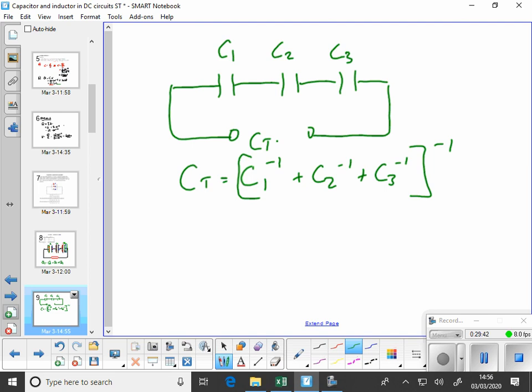So let's give them some values. 10 microfarads.